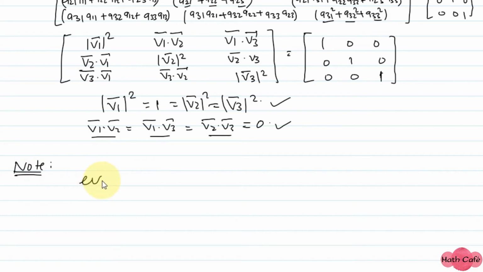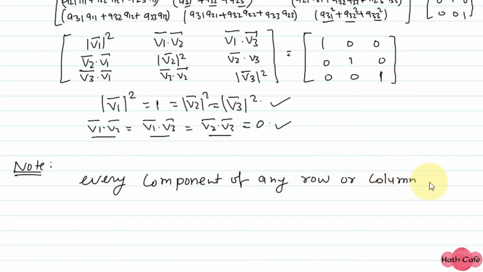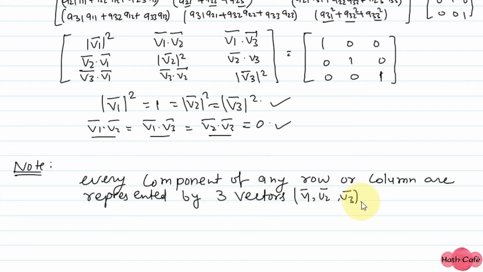Every component of any row or column represented by three vectors V1, V2 and V3, then they are mutually perpendicular and unit vectors.